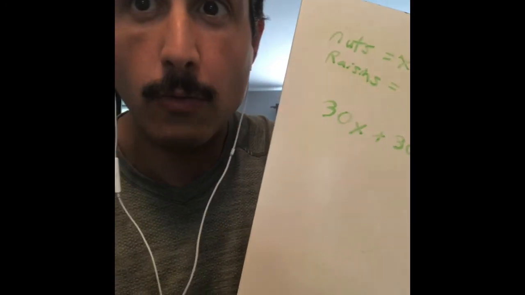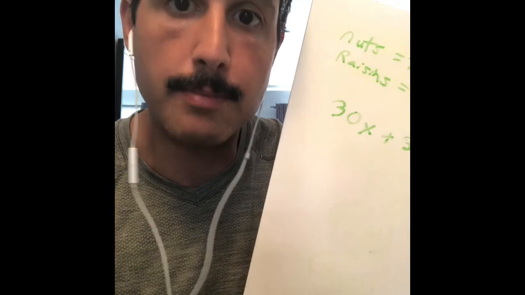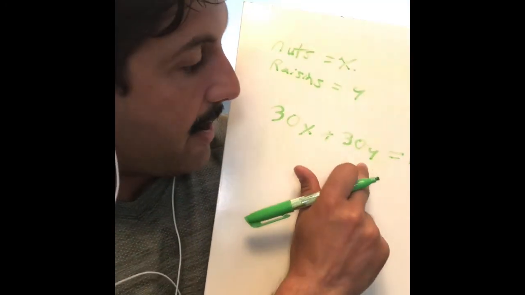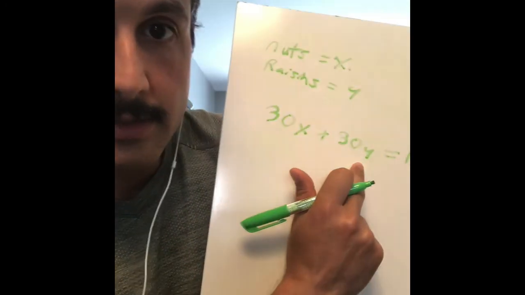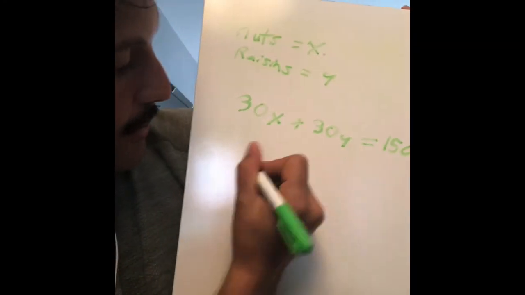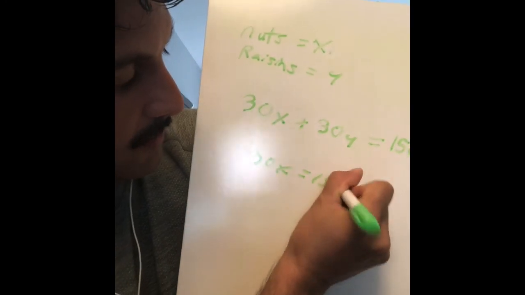From here, we need to determine possible combinations. So let's start with the most obvious combinations, the intercepts. What happens if you have only nuts? So if I have 0 raisins, so the y is 0, I'm left with 30x equals 150.